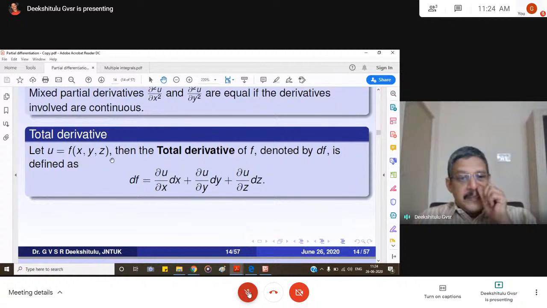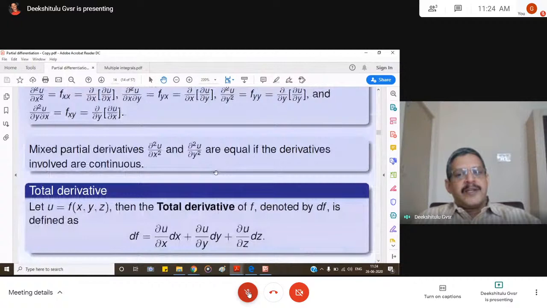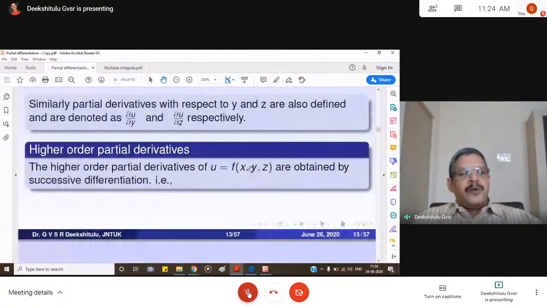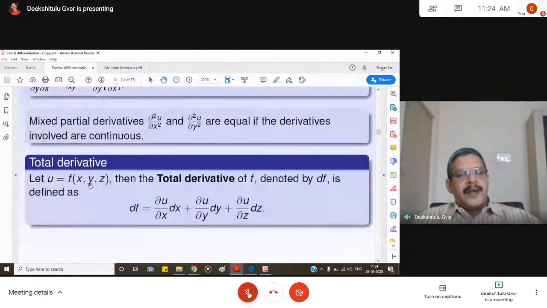While finding ∂u/∂x, we assume y and z are constants. Similarly, when finding ∂u/∂y, I keep x and z constant, and when I find ∂u/∂z, I keep x and y constant.